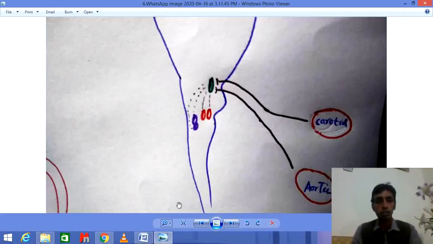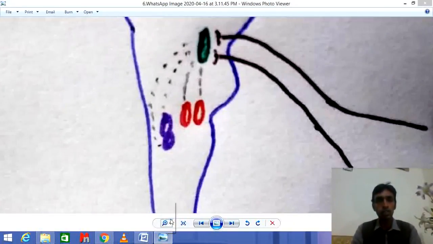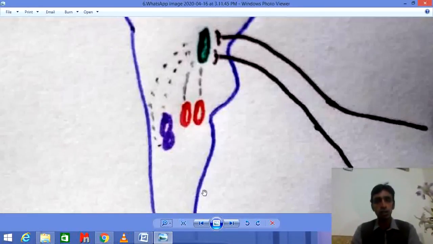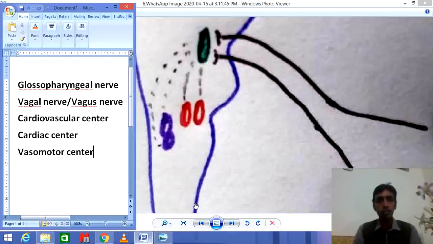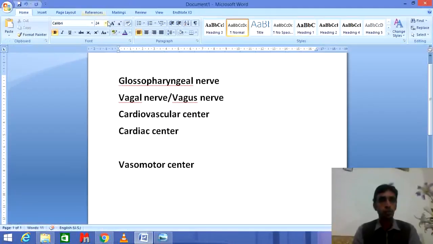Now I also want to explain a few words about this cardiovascular center, but it will require your attention. This cardiovascular center is composed of 2 nucleuses. This nucleus, which is in proximity with the tractus solitarius, is called CIC, the cardiac center.